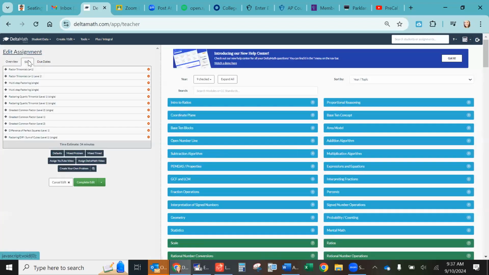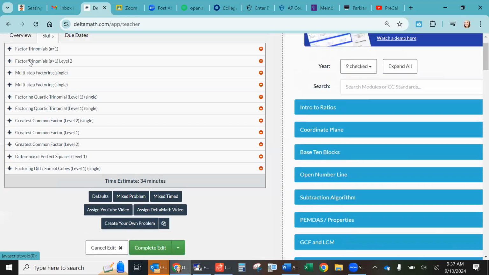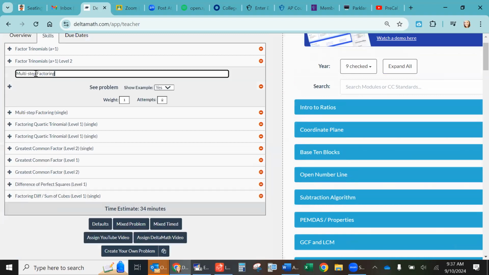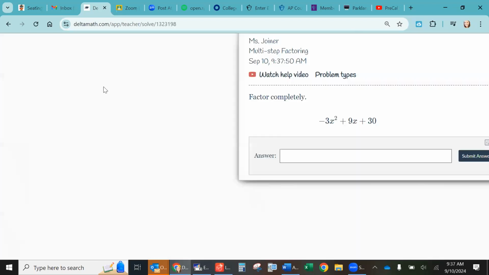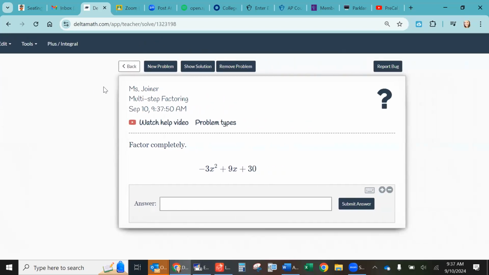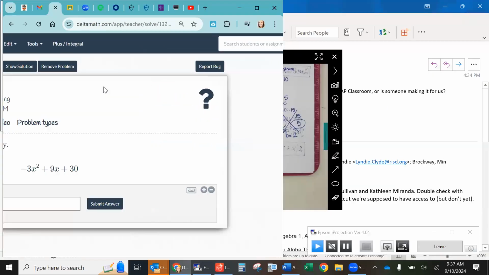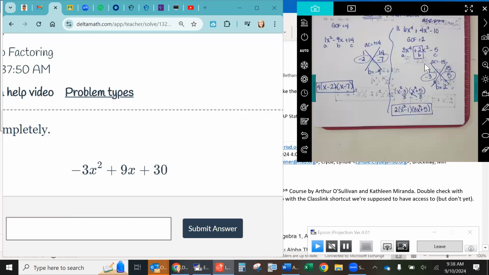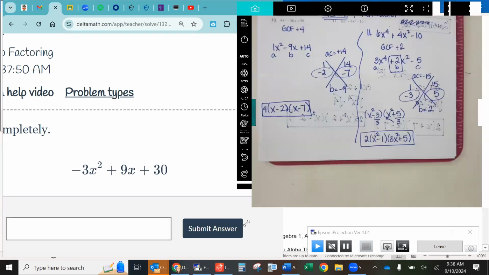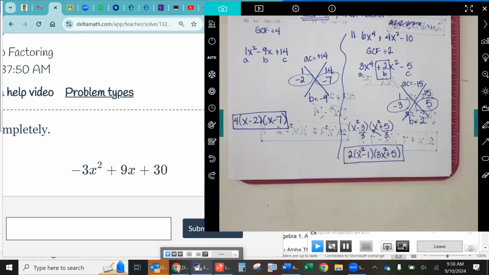And then we're gonna do factoring multi-step. Maybe the first one. Yeah. So this is number 3 from the top.